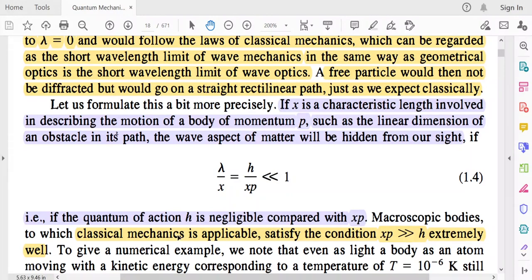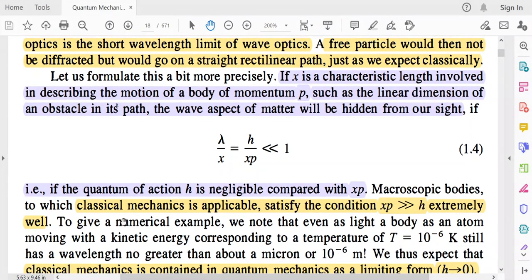So when we are describing macroscopic bodies, when x is a characteristic length involved and the wavelength is very much less than x, then classical mechanics is applicable.